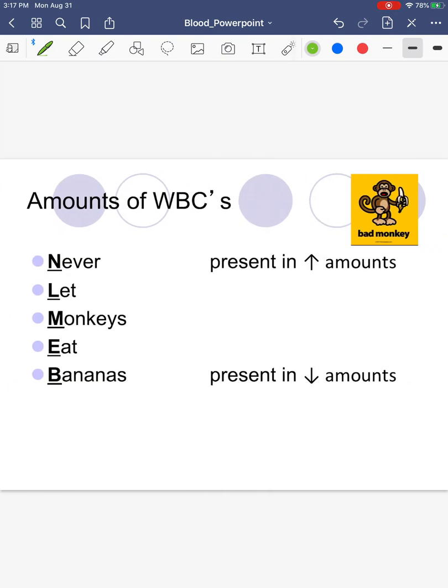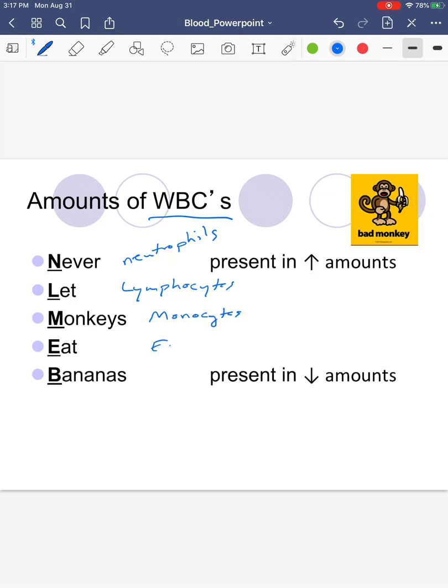Maybe Dr. Mastrangelo talked about this, but in terms of the white blood cells, we have the most neutrophils, and this is a little saying to help us remember which white blood cells we should have a lot of. Neutrophils are the most, then the second most are lymphocytes, the third most are monocytes.